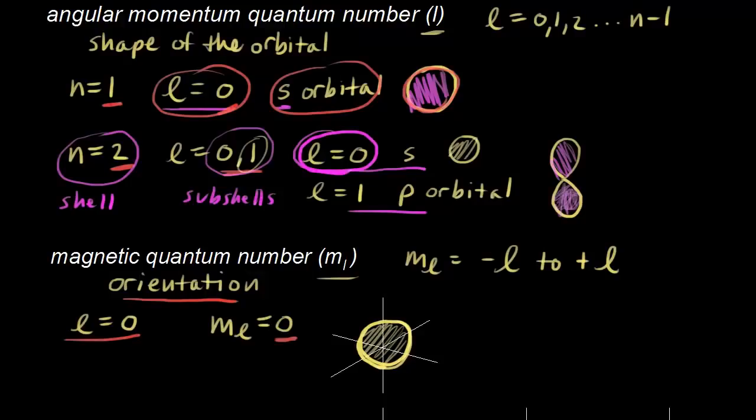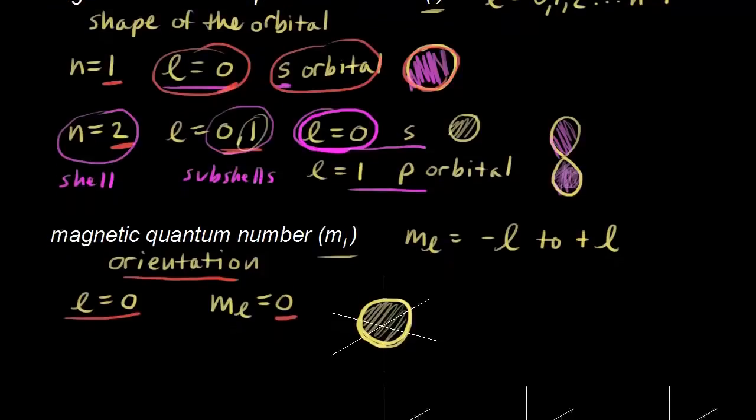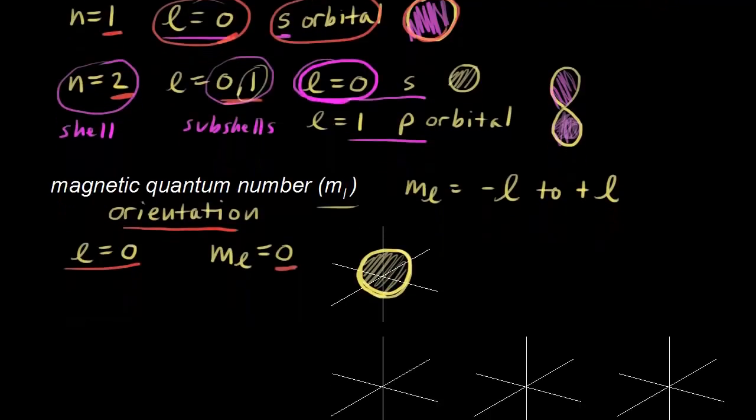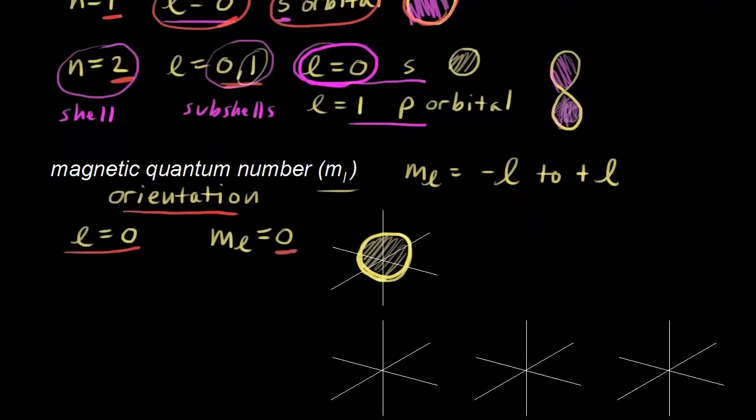All right, let's do the same thing for L is equal to 1. So let's write that down here. If L is equal to 1, what are the allowed values for the magnetic quantum number? ml goes from negative L to positive L, so any integral value from negative L to positive L. Well, negative L would be negative 1.